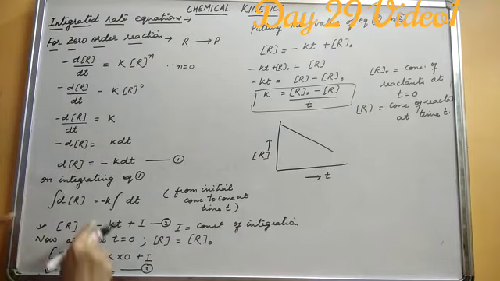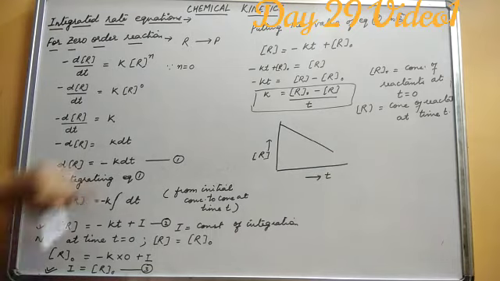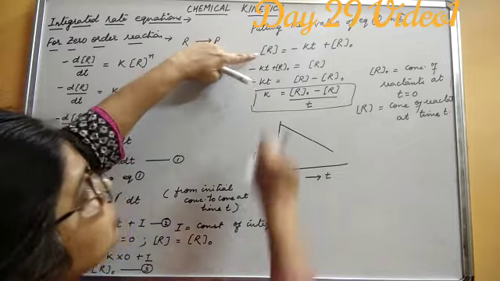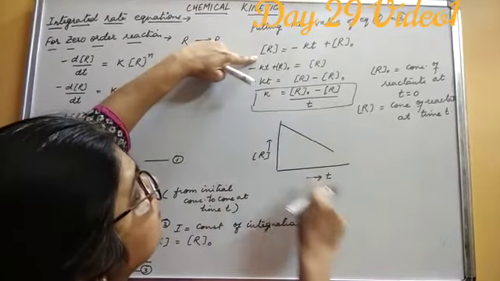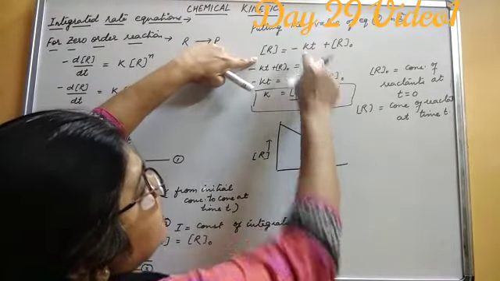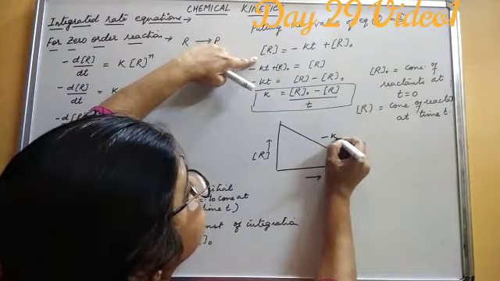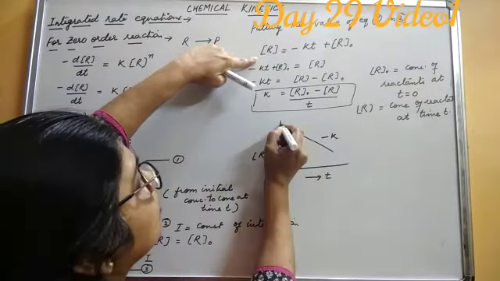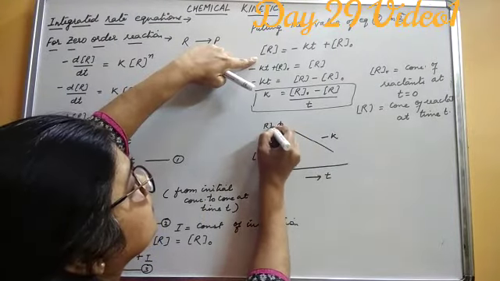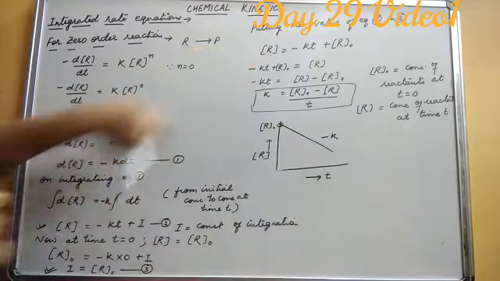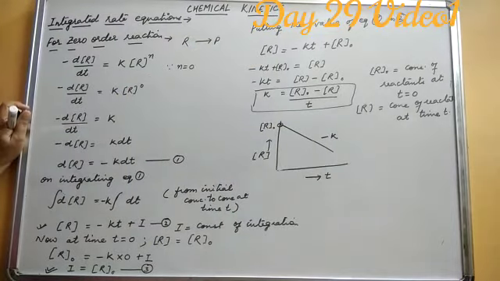Here minus k is the slope and R0 is the intercept.